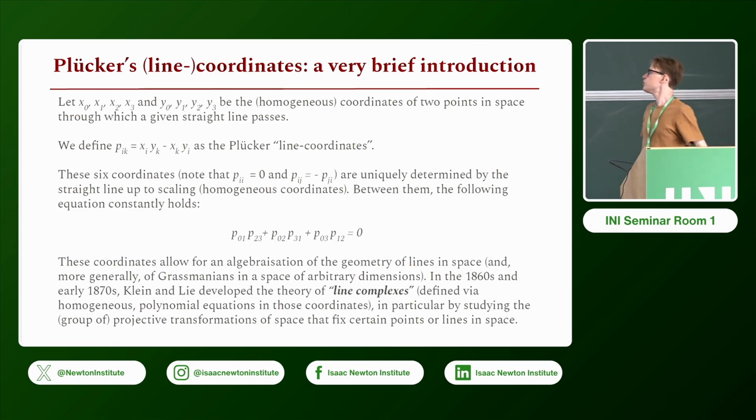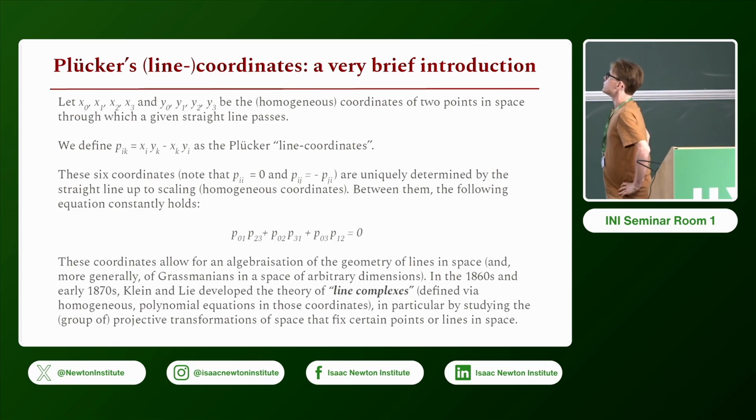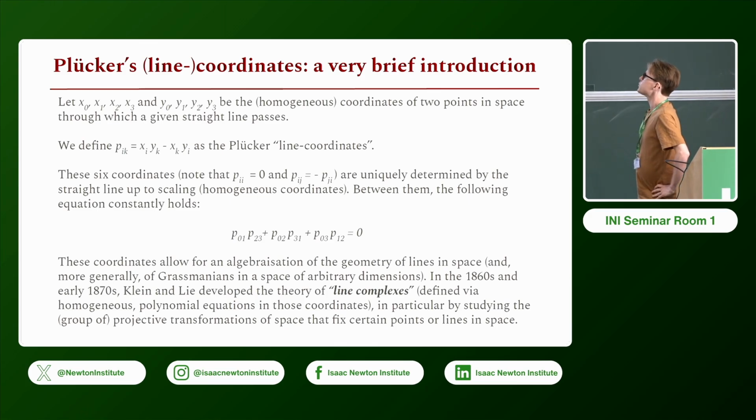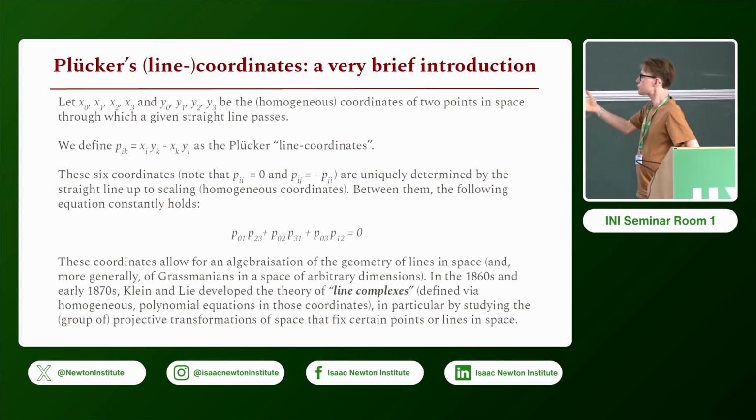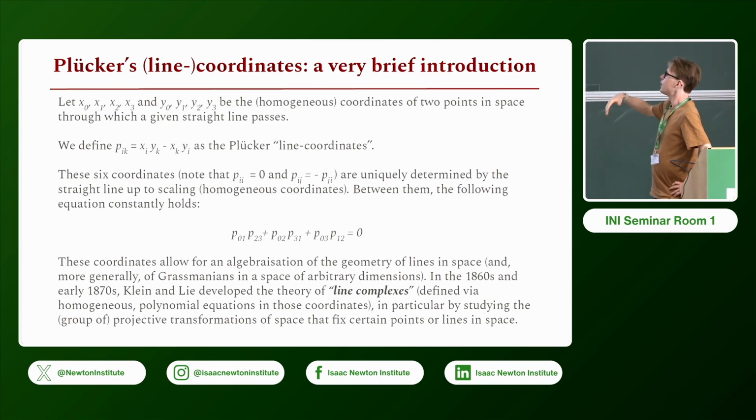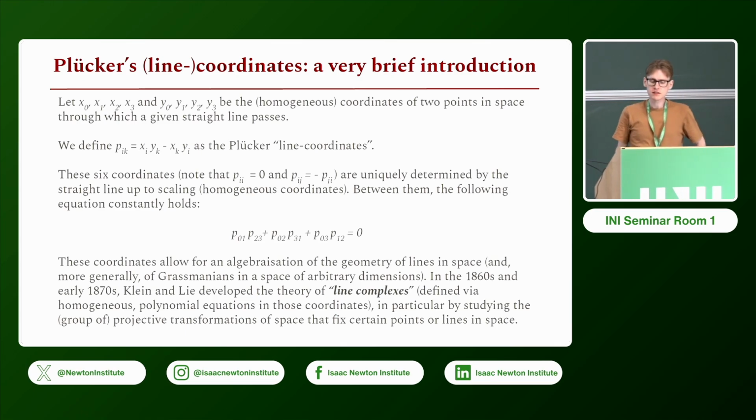And the point being that through the algebraic treatment of those coordinates, and especially for people like Klein and Lie, using a certain kind of group theory, you can study projective transformations of space that fix certain points or lines in space. This is something that was very much developed in the early 1870s.